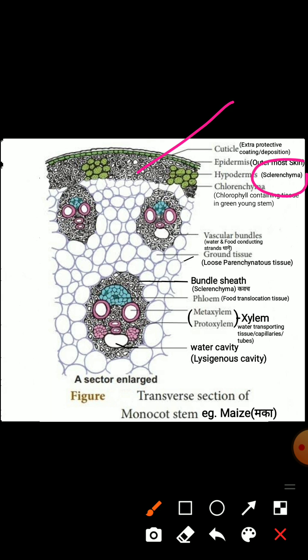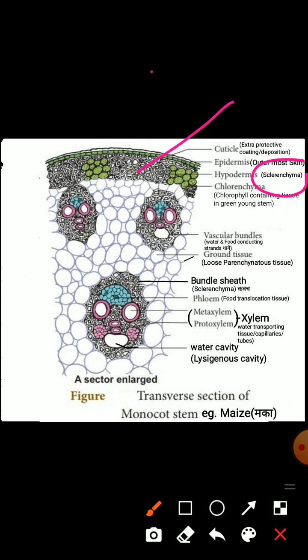Maize 12, 15 feet. So whatever height the monocot stem can attain should be supported, and for this purpose the sclerenchyma tissue composing the hypodermis is very important to give strength to the stem. So this is all about the composition and function of the hypodermis.